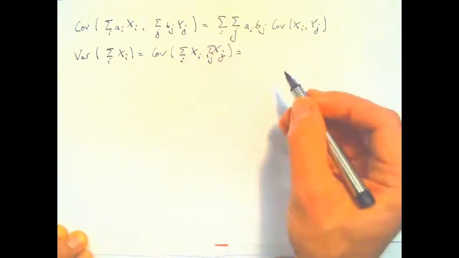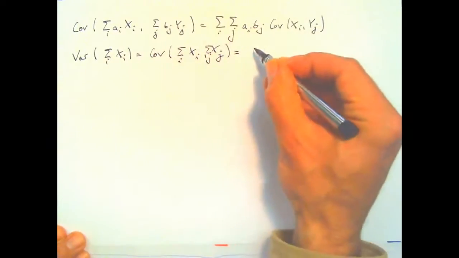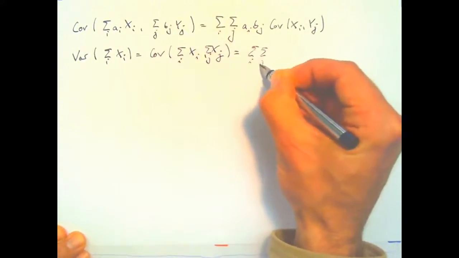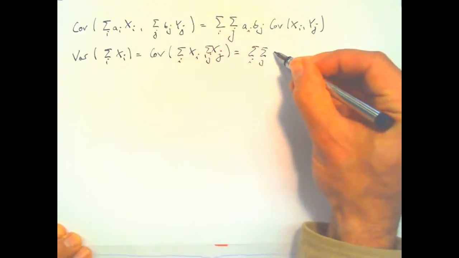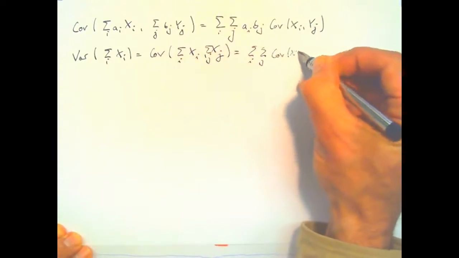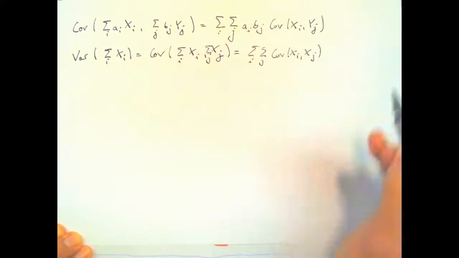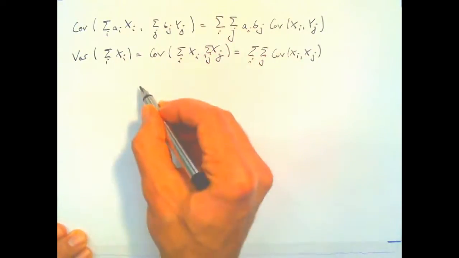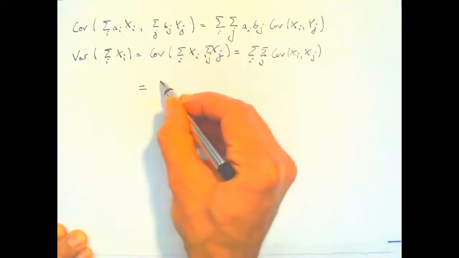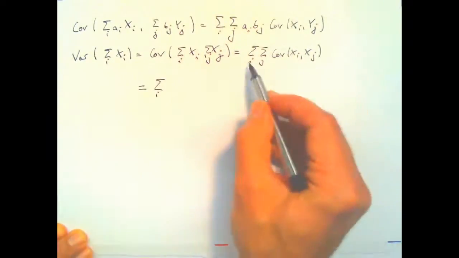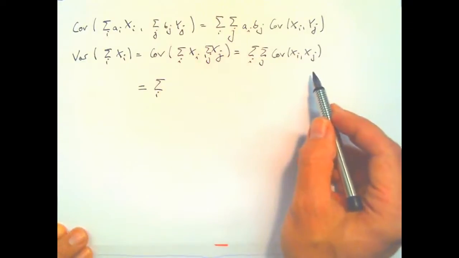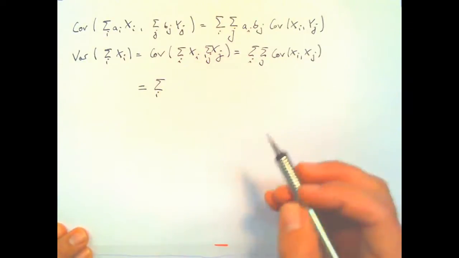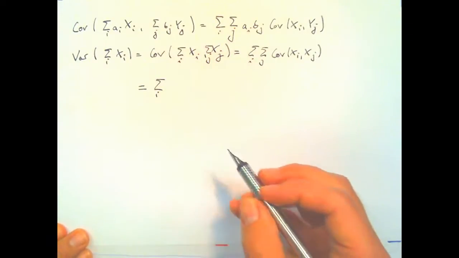And now using the formula that we've just seen, and using the formula from the last slide, this entire matrix I can decompose into the diagonal and the off-diagonal terms.